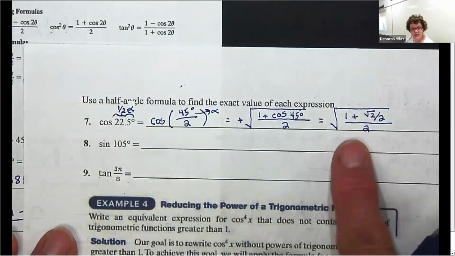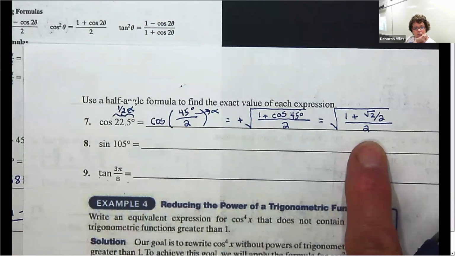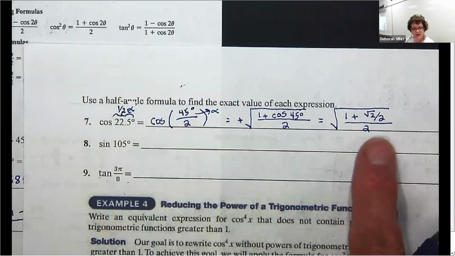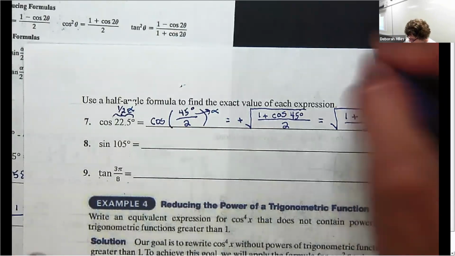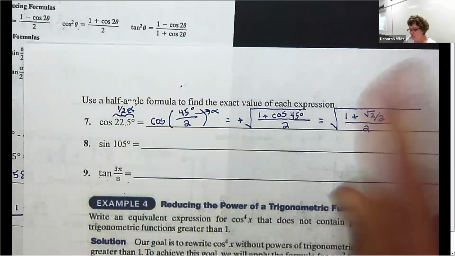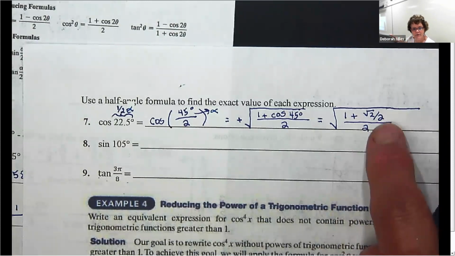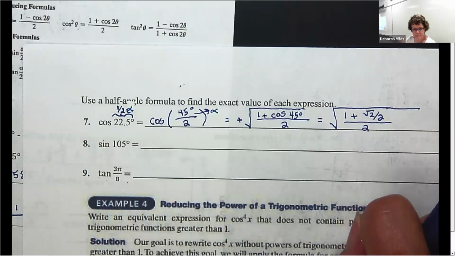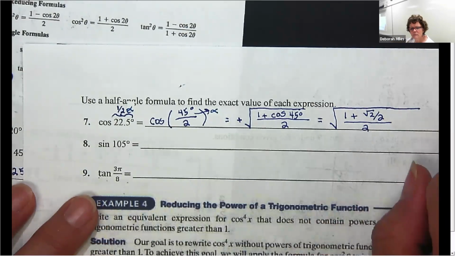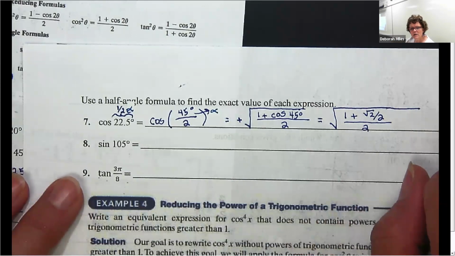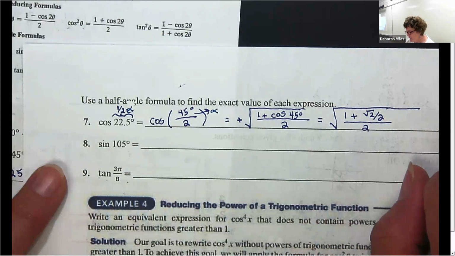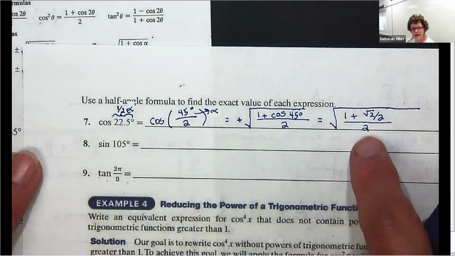Now, I do want you to clean it up a little bit. I don't want you to leave a complex fraction under a radical. That's just too ugly. What can I do to clean up this complex fraction, to clear out this baby fraction within the big fraction? How do I clean up complex fractions?